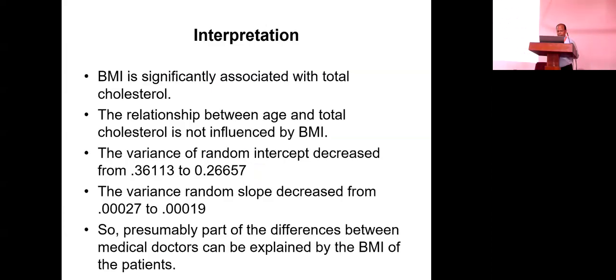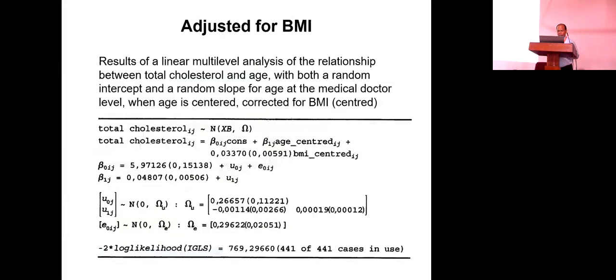This is very important. The variance of the random intercept decreased. Let us look at this. The variance of the slope decreased.